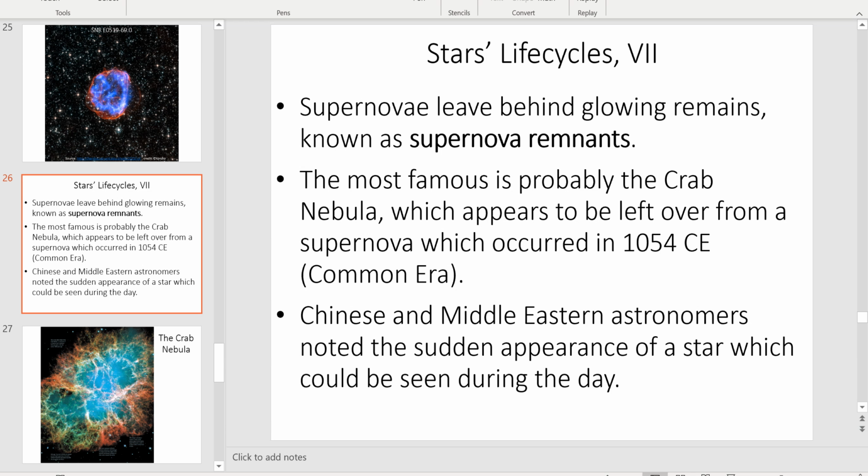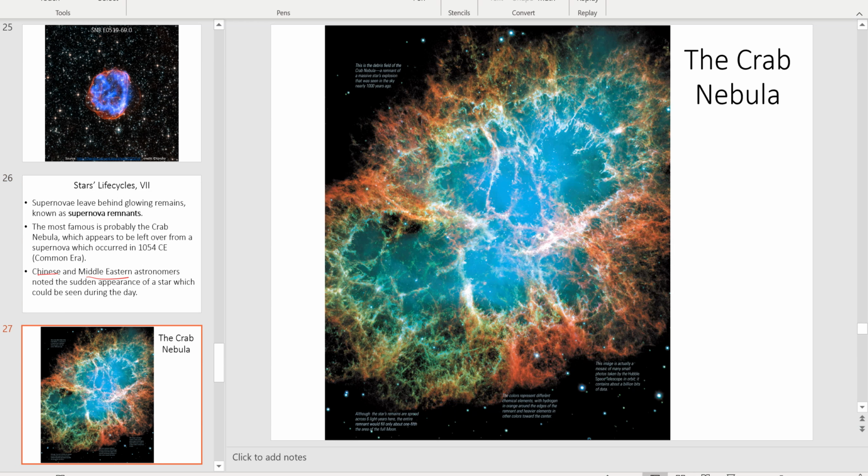And the reason we think a supernova occurred in this year is because astronomers on Earth actually noted that there was a large star suddenly seen during the day. In particular, Chinese and Middle Eastern astronomers, who were the most prominent astronomers at the time, mentioned this. And we now know today that the Crab Nebula exists, and we can put two and two together and say that this nebula probably formed about 1,000 years ago.